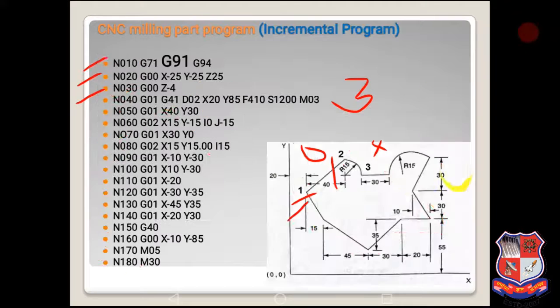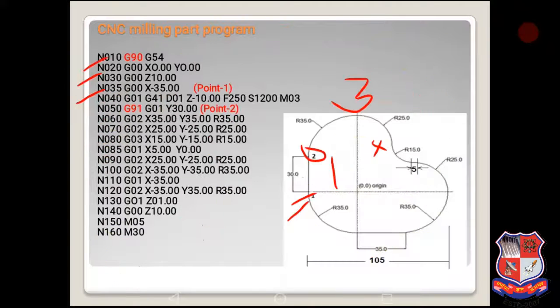Radius 25 is already given. So G02 x25 y minus 25 and R25 as written in block number 90.